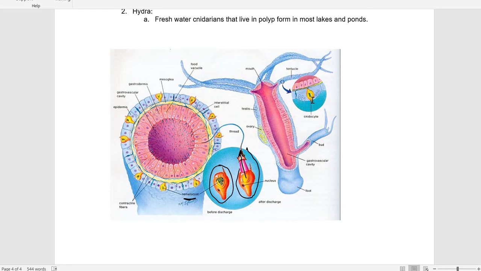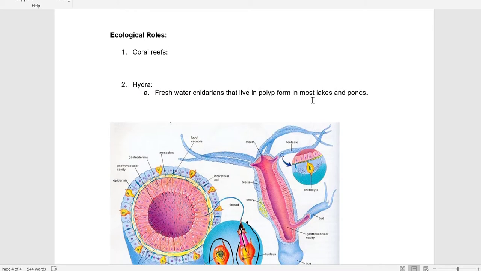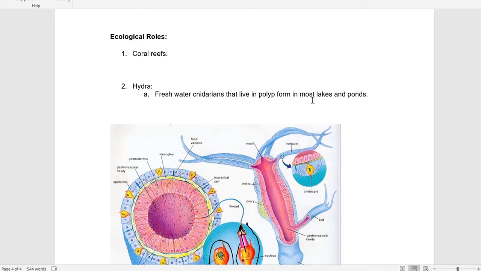And if we talk about ecological roles, well, many of these things make up coral reefs. So they provide shelter, habitats, and microecosystems, everything from large-scale ecosystems in coral reefs to smaller-scale microecosystems and habitats.